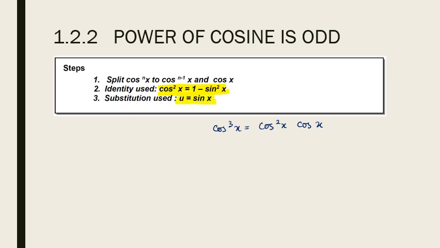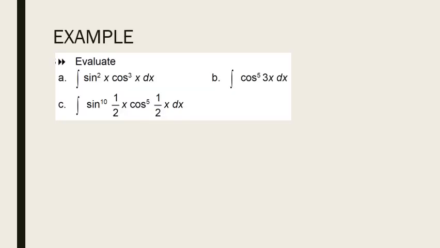Before we used the substitution u equal to cos x, now we use u equal to sine x. The steps are the same, just the split is for cos, before it was for sine, and the identity is also for cos, then the substitution is for sine.